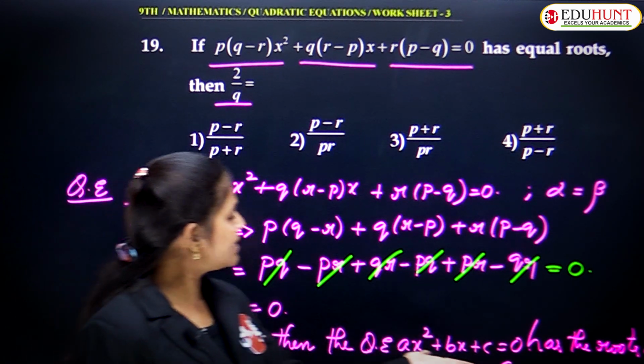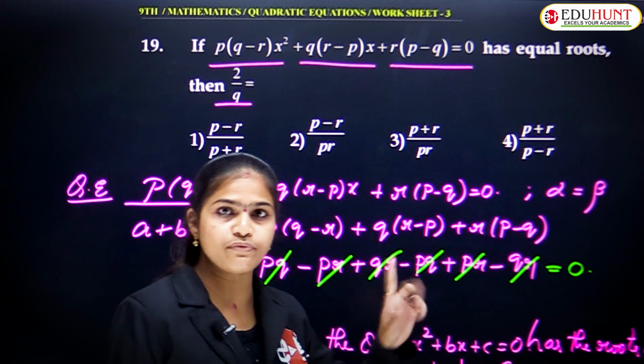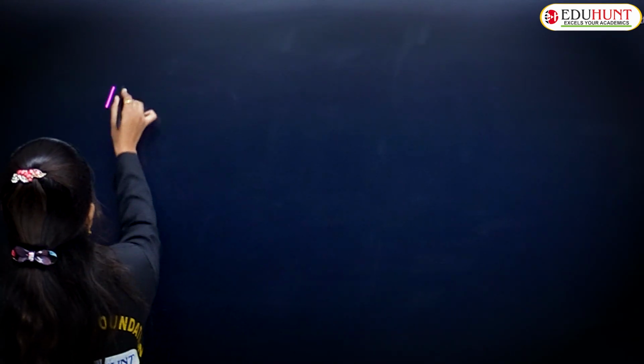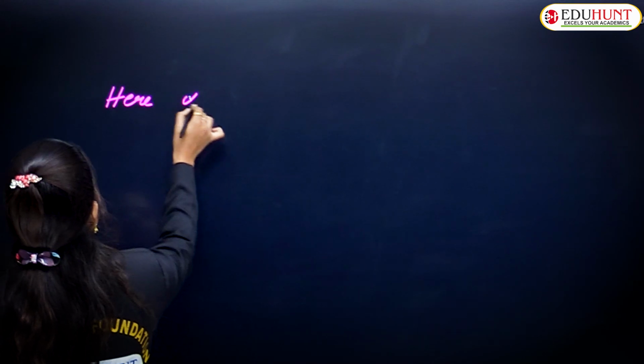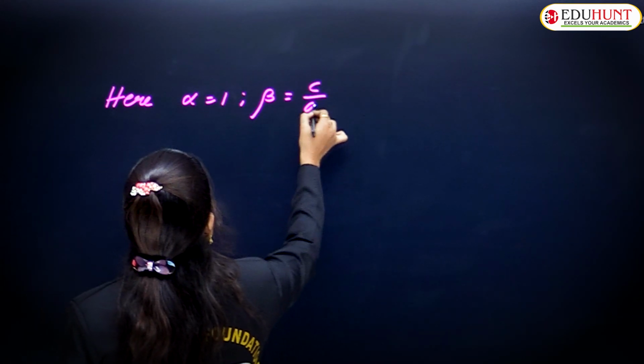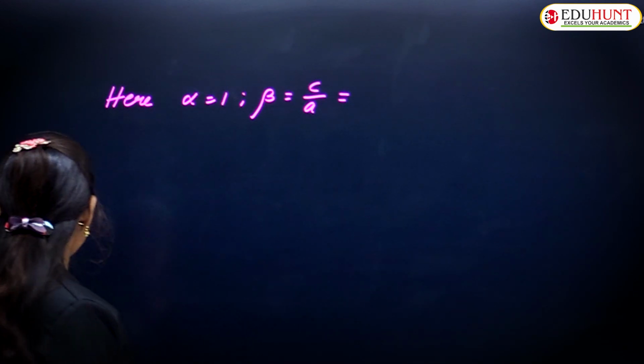By observing this condition we can say that one of the roots is 1. So from this condition, one root alpha is equal to 1 and the other root beta is equal to c by a. The other root is c by a only.